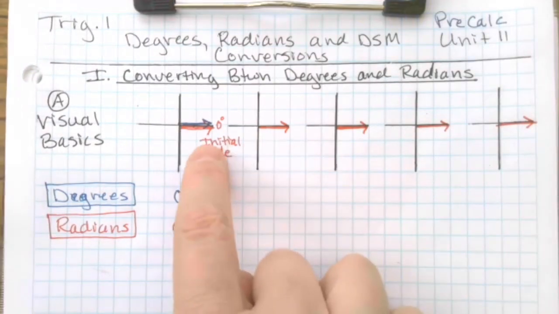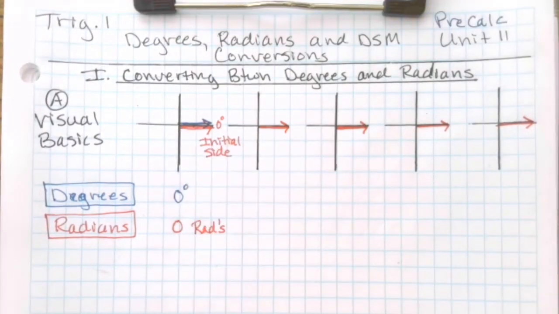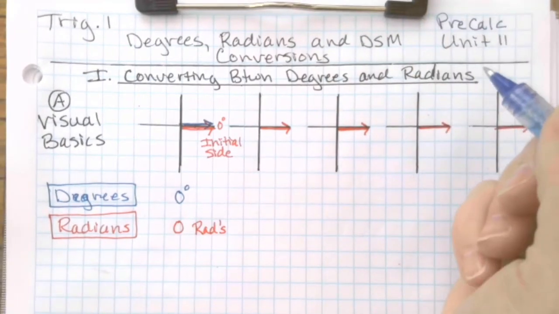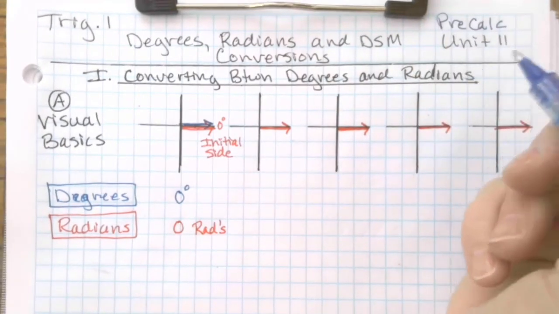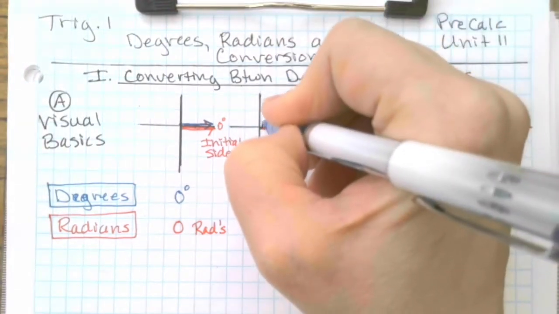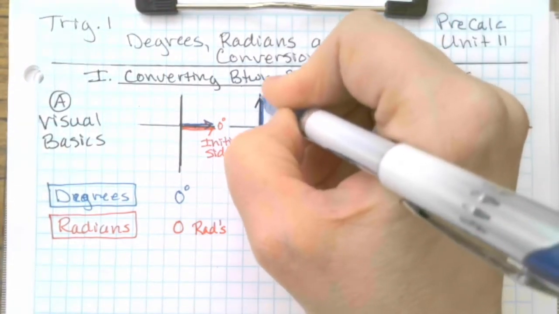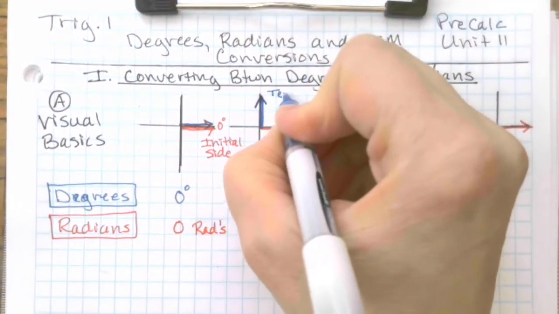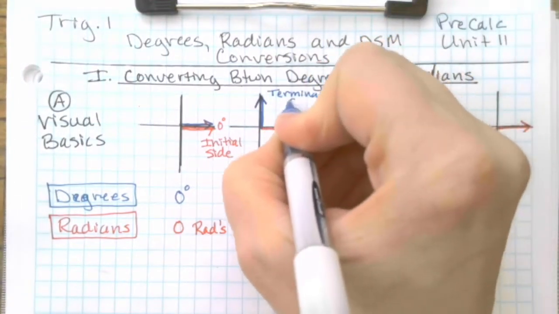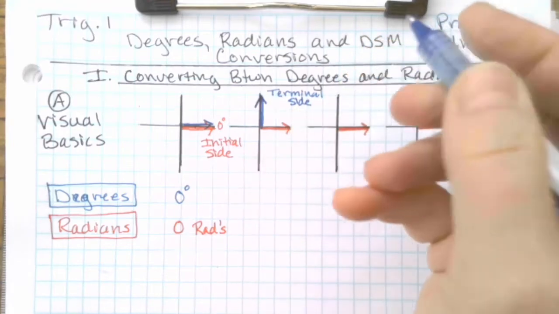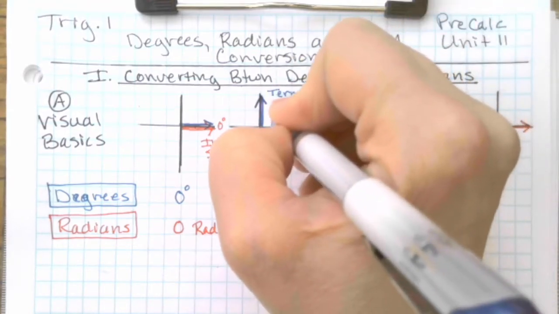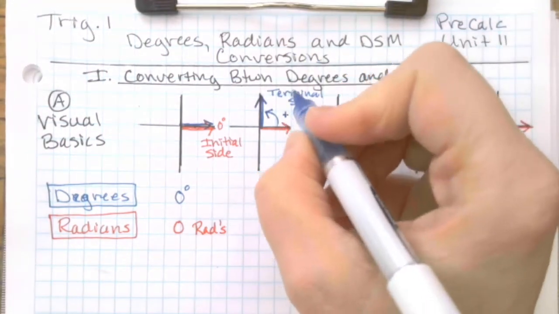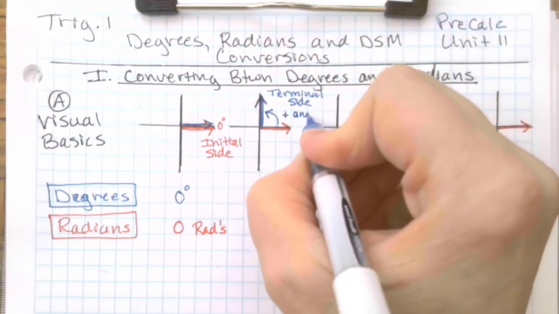All right, so if the initial side is pointing to the right, what we call the terminal side is the second side of the angle, and it's the one that moves. So here we have another angle, and this is the moving one, and it's the terminal side. So we have initial side and we have a terminal side. When the angle rotates from 0 that direction, it's a positive angle.